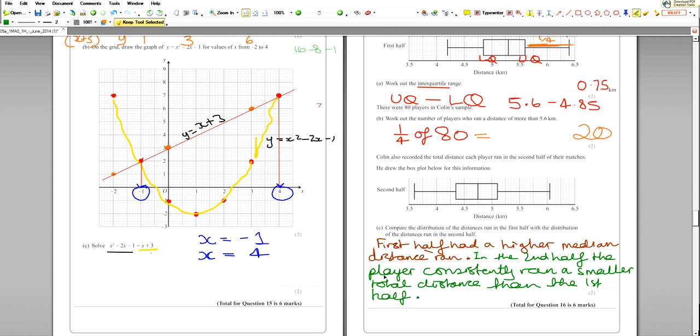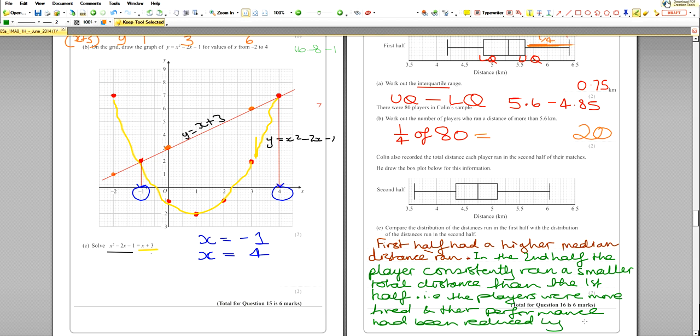And we could say here, just a little bit of extra notes, i.e. players were more tired and their performance had been reduced by the second half.